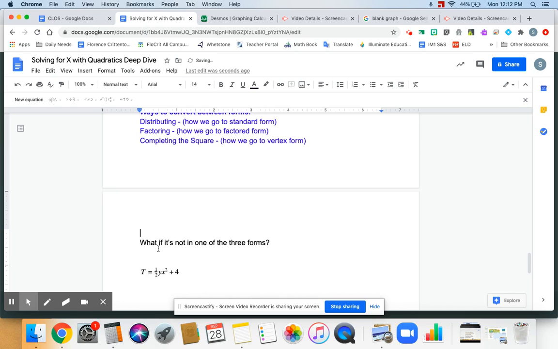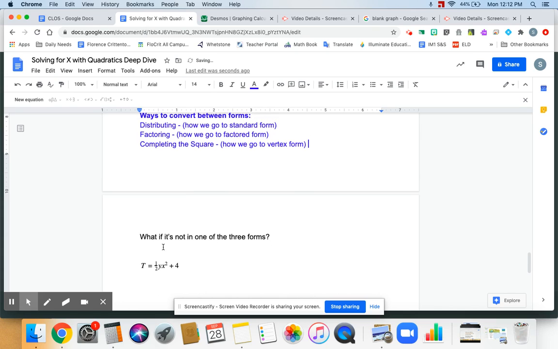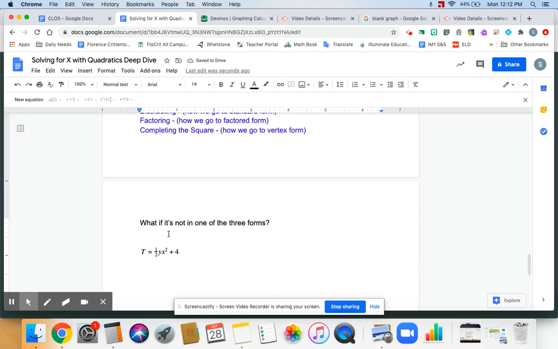All right, but there's a reality that sometimes it's not in one of these 3 pretty forms. So if it's not in one of the 3 pretty forms, the first thing you're going to do is ask yourself, can I write it in one of the 3 forms? So let's say this is my equation and it says solve for x.